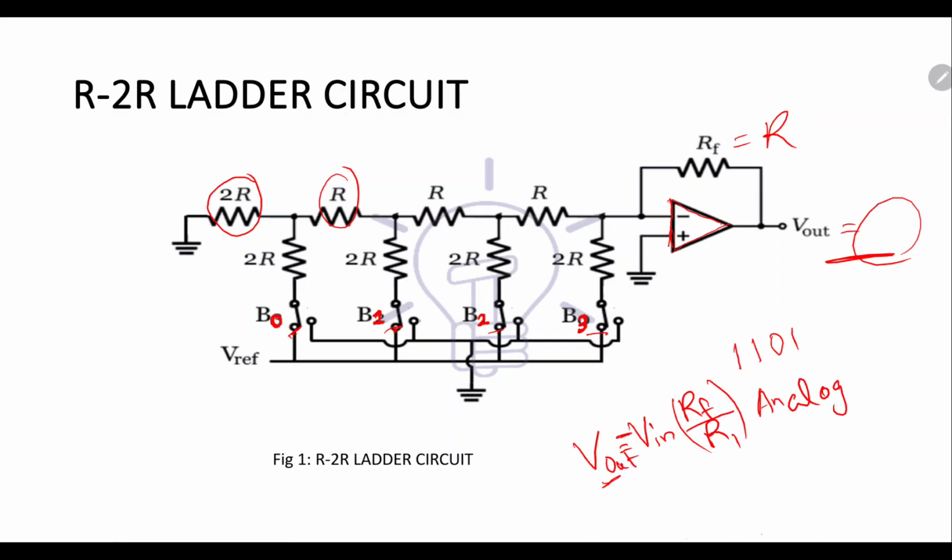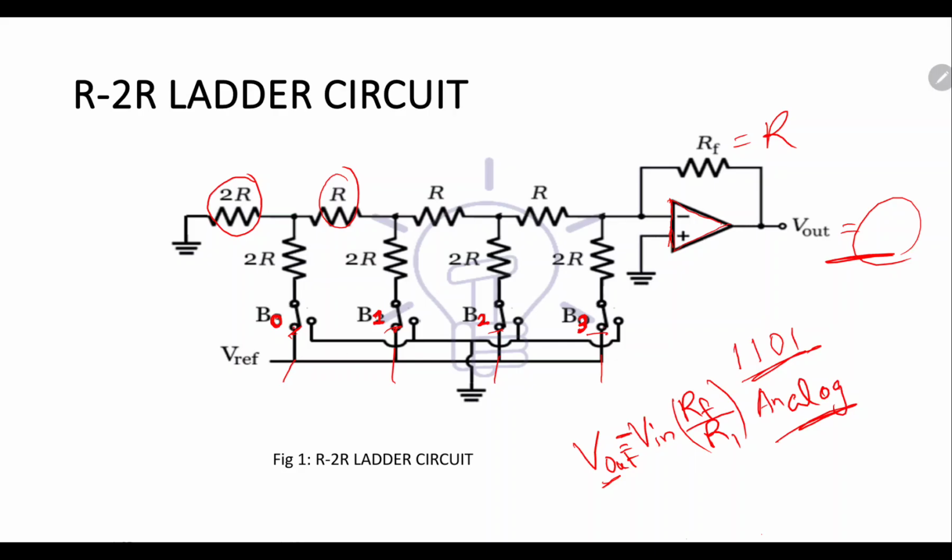So here, because we have to convert the digital signal to the analog version, a digital signal like 1101, we have to give this 1101 on the input side of this R-2R ladder. We have this kind of structure, as we can see, this R, 2R. So here we have to give this input.